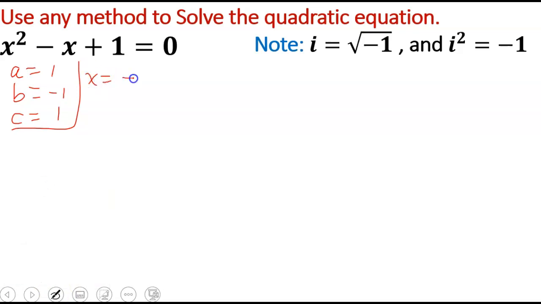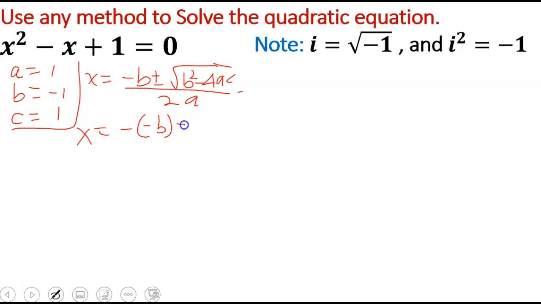x equals negative b plus or minus square root of b squared minus 4ac, all over 2a. So x is negative and our b here is negative, so we want to put that into parentheses. Okay, b squared is negative 1 squared, minus 4 times our a is 1 and our c is also 1, all over 2a, 2 times 1.